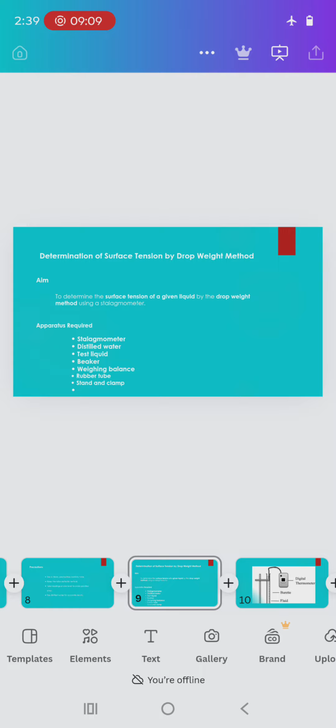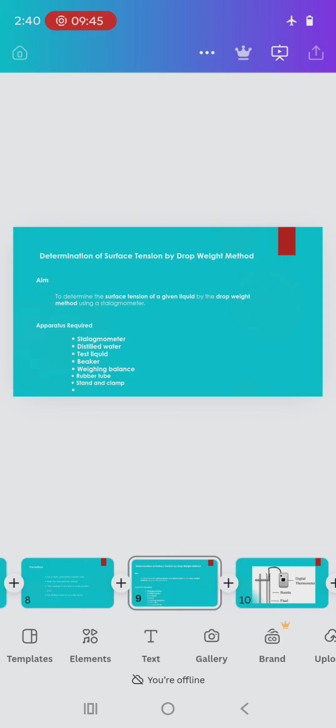To determine the surface tension of a liquid by the drop weight method using the stalagmometer. Stalagmometer means drop weight apparatus.